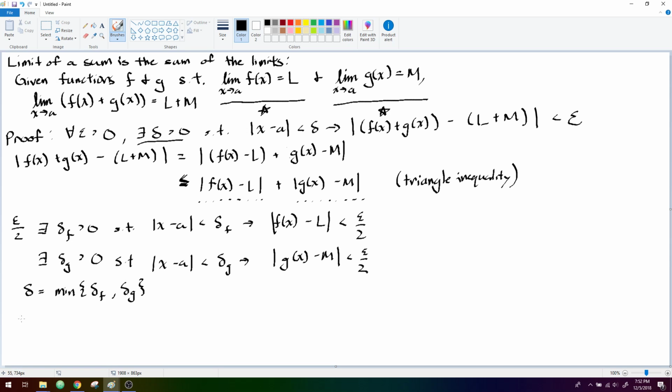Well, suppose I do provide the guarantee that x minus a is smaller than delta. Well, since delta is the minimum of these two deltas, x minus a is simultaneously smaller than delta f and delta g, which means that both of these guarantees are simultaneously provided to us.